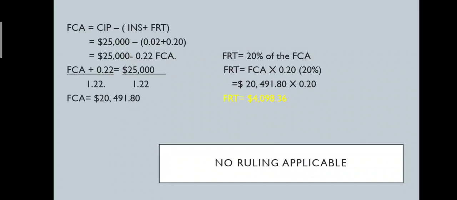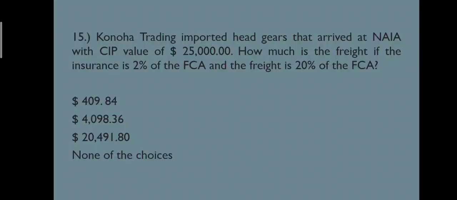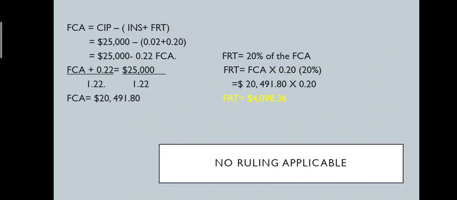So mo na natay freight nga $4,098.36. So mao na siya atong freight, guys. Nganong wala man tay rule nga gi-apply? Kay expression ra man siya. Kay expressions wala na i-consider nga rulings.